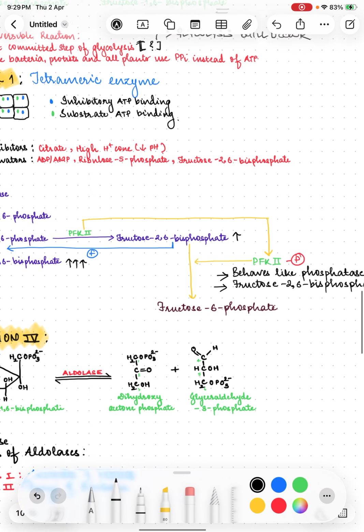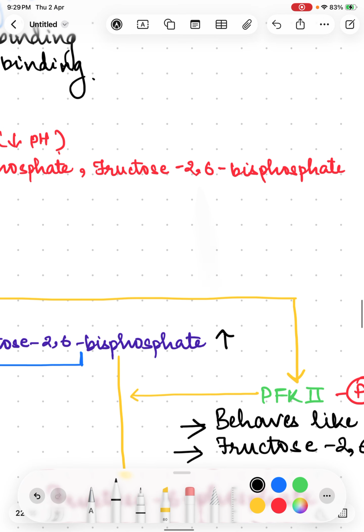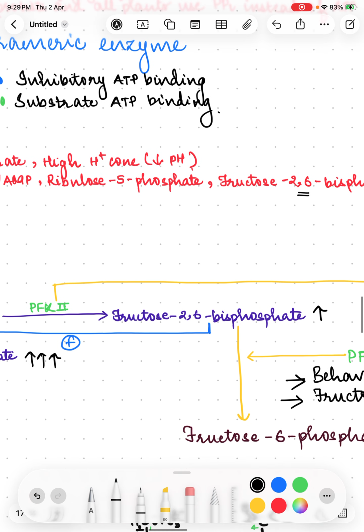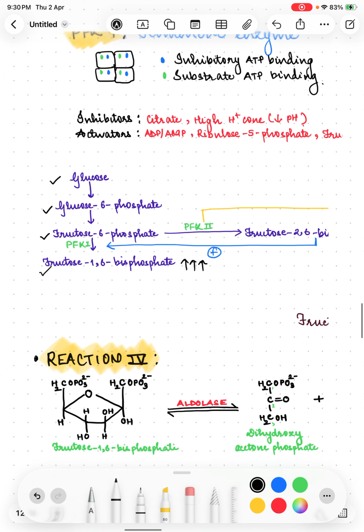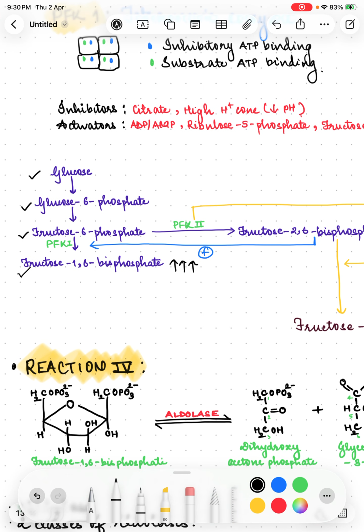Now let us see a few points about fructose 2,6 bisphosphate, and how it activates the enzyme phosphofructokinase 1. During glycolysis, glucose gets converted into glucose 6 phosphate, which further gets isomerized into fructose 6 phosphate, and when this fructose 6 phosphate gets converted into fructose 1,6 bisphosphate, the enzyme PFK1 plays an important role.